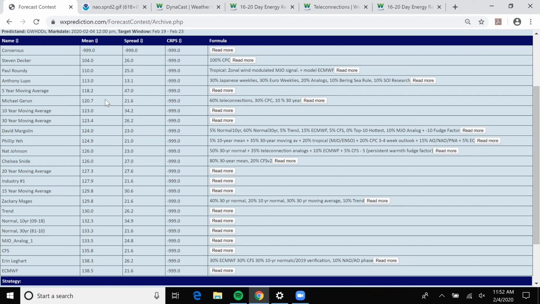Yeah, I can't remember exactly when I started it, but I noticed that the AO and NAO specifically would always verify on the positive end of their spread, at least towards the 15-day period, or 14 days on the website, when the spread was a little bit more spread out.